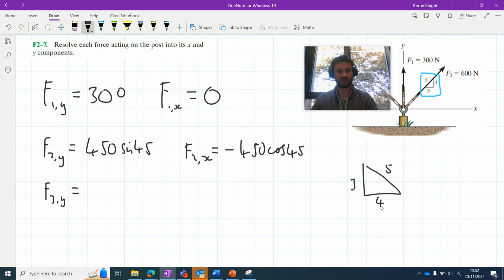But it could just as well be 10, 8, and 6. It could just as well be 50, 40, 30.